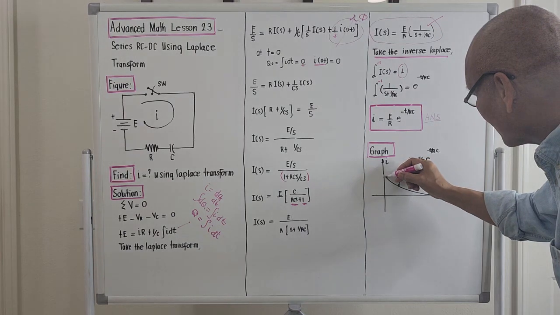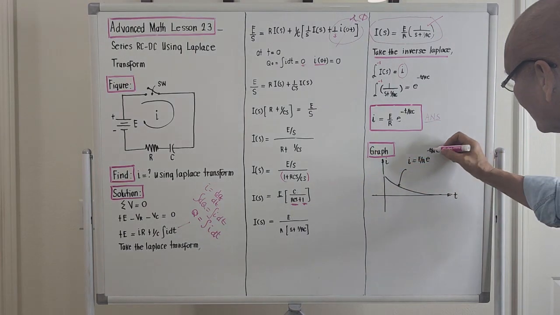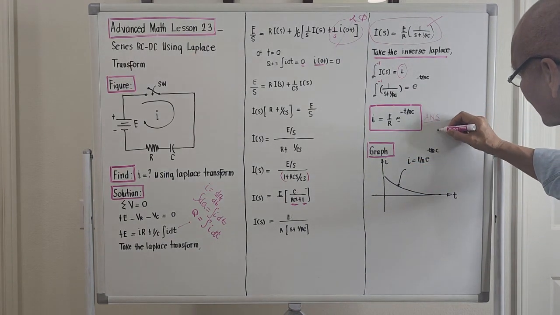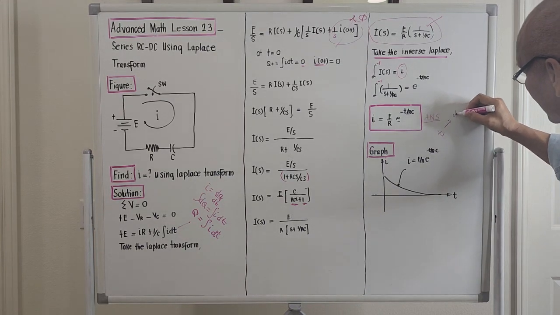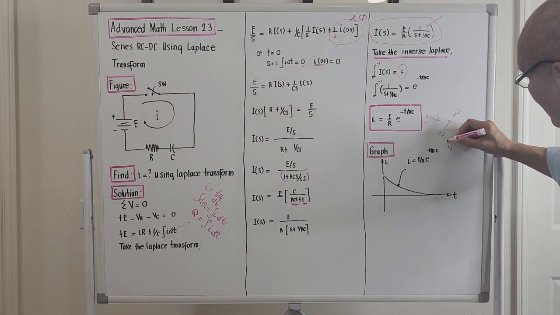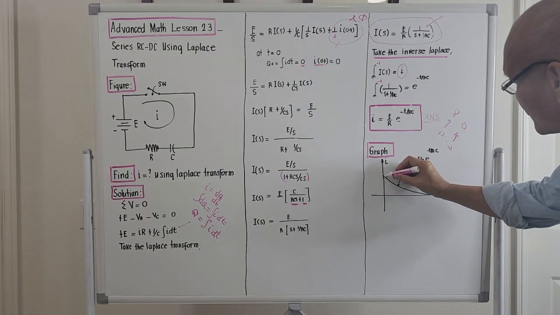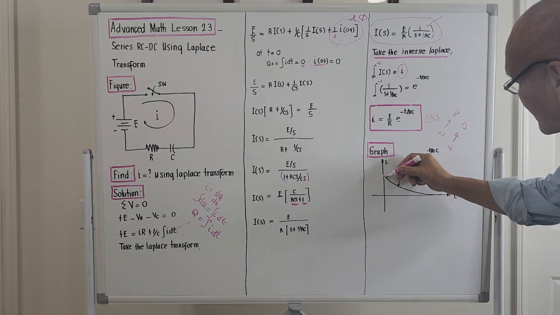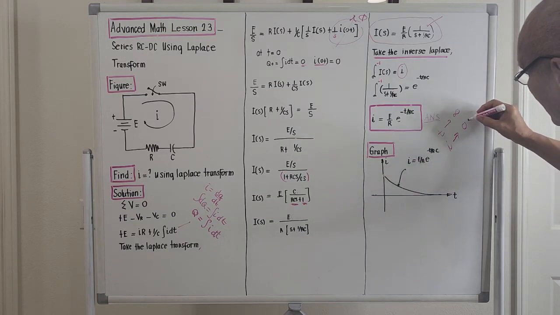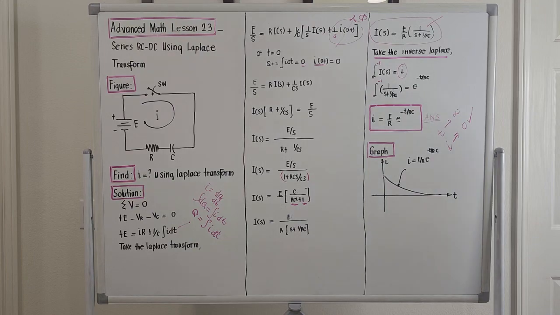So the graph is actually something like this. As time approaches infinity, the current is actually approaching 0. So it comes from this value here. Then as time passes by, the current will almost be approximately equal to 0.